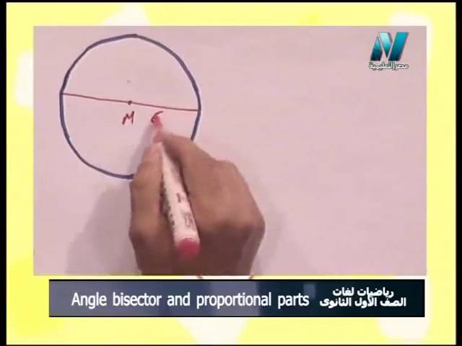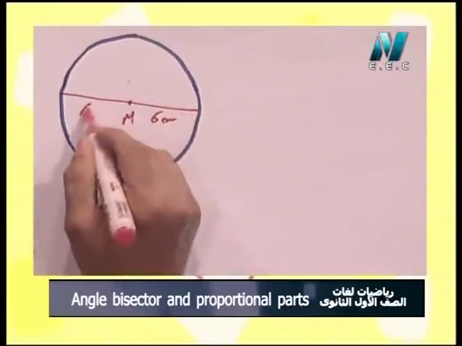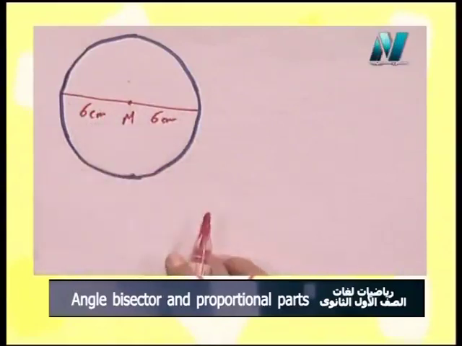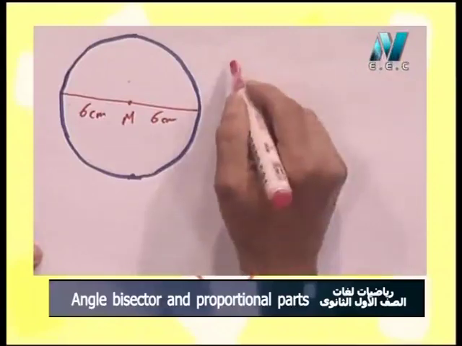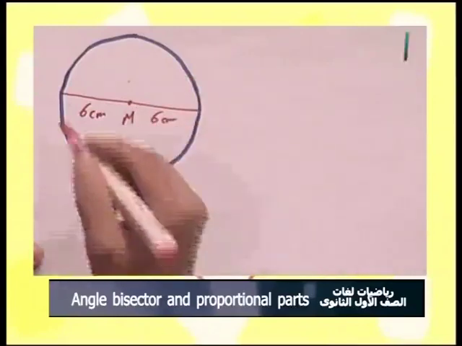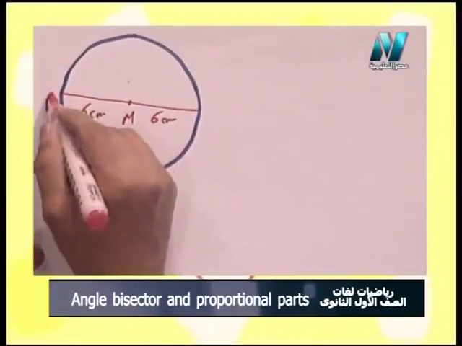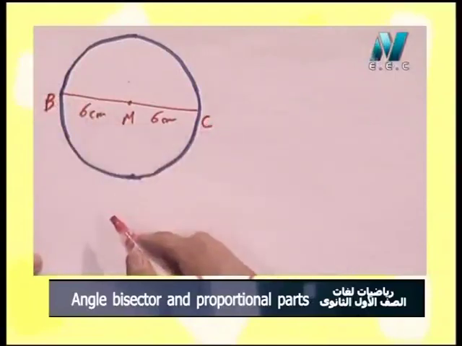So here it's 6 centimeter, the radius, and the other radius equals 6 centimeter. And we have a point, maybe a point outside, on, or inside the circle. Let this point be A.